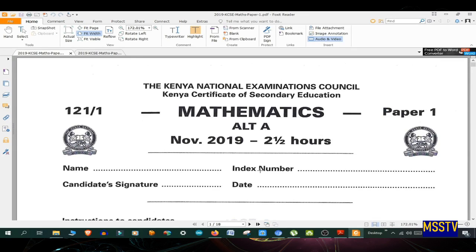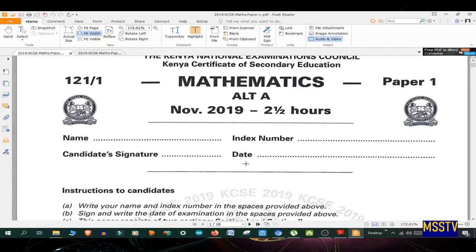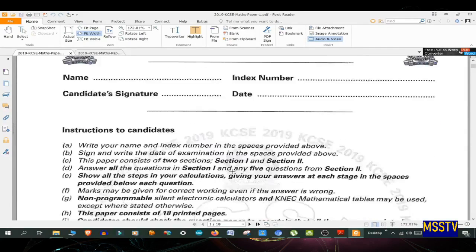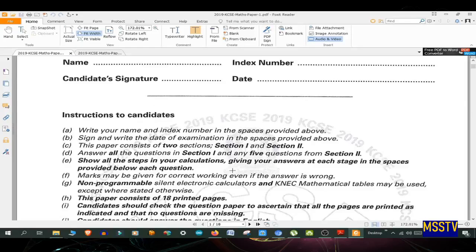And this is how it looks like: the Kenya National Examinations Council, Kenya Certificate of Secondary Education, Mathematics Paper 1, Alternative A, November 2019, 2.5 hours. Then, of course, the candidate is supposed to write their details there and to sign, and write the date. They are supposed to go through the instructions very carefully. We shall skip that for now.